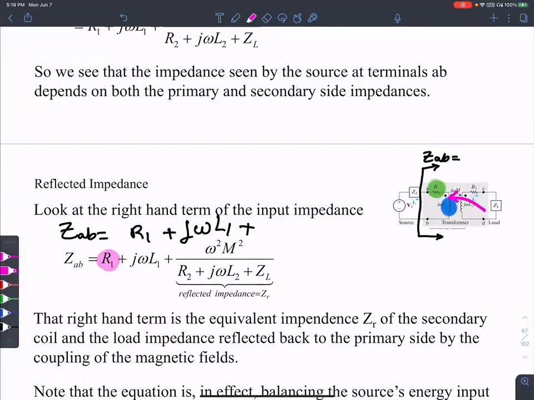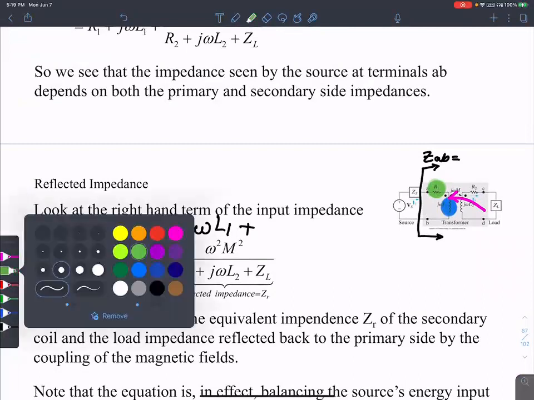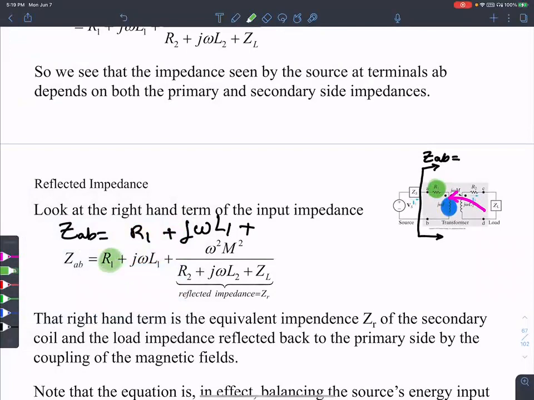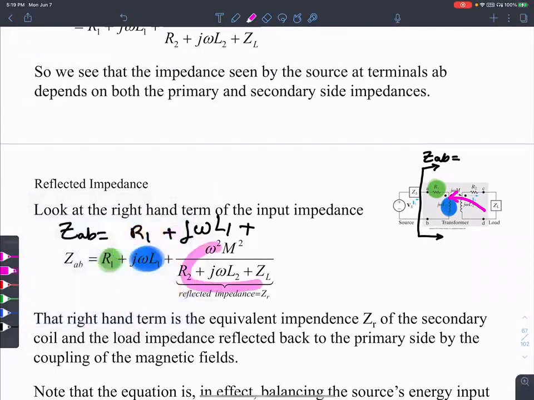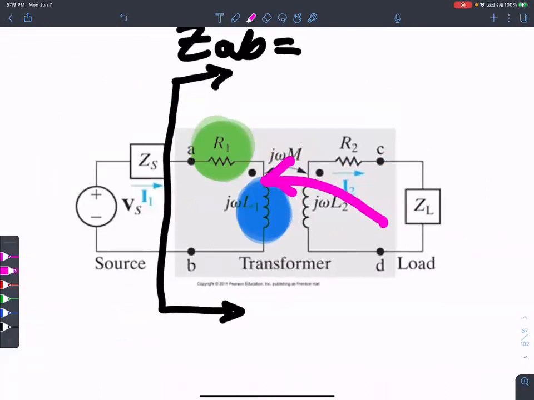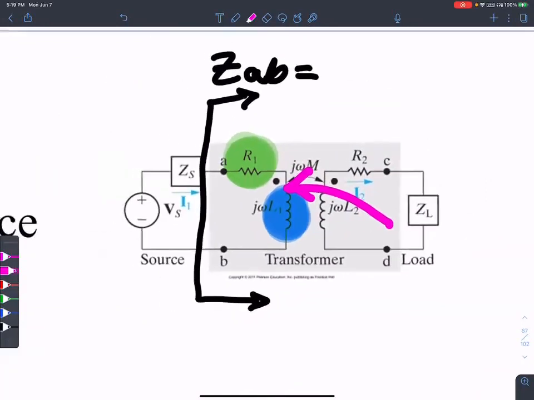So that's exactly what we have here. R1. Let me use the same colors as I used before. R1 is the resistance. Then there is the blue j omega L1. Then there is this invisible helping hand from the other side. That comes because of mutual inductance. That comes because these inductances are so close that the magnetic field of one affects the other.